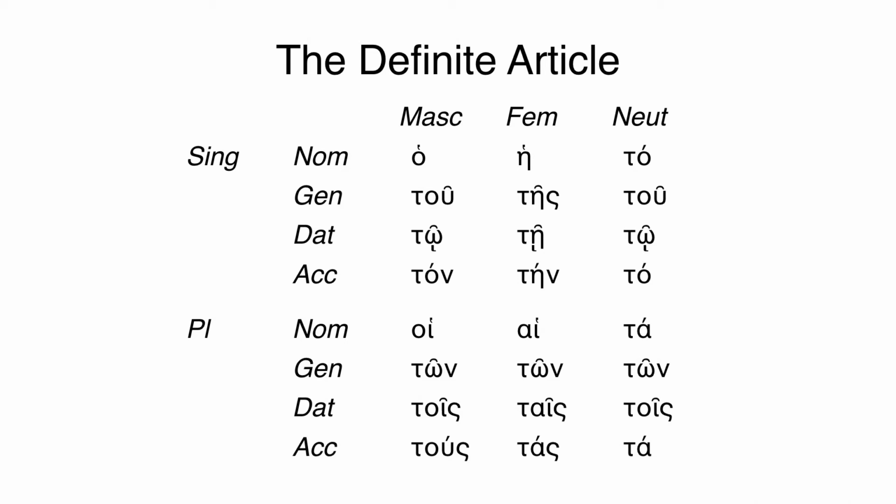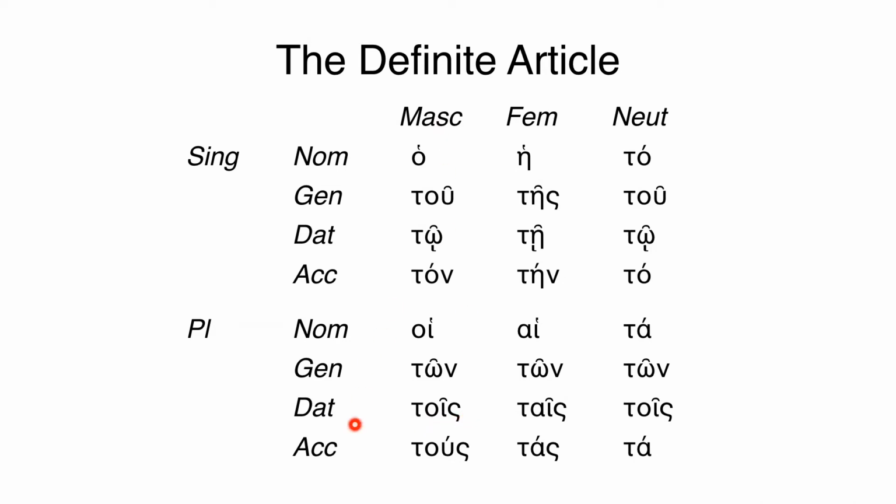Now we move to plural forms of the article. In the masculine case, the nominative plural article is hoi, using Erasmian pronunciation, or hi, using modern Greek pronunciation. The masculine plural genitive is ton. The masculine plural dative is tois, or tis, in modern Greek.